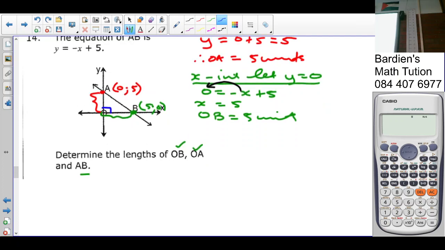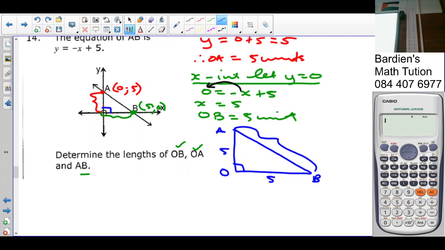Remember, this is 90 degrees, not so? So in other words, we have a triangle looking like this: O, A, B, with sides 5 and 5. How are you going to calculate AB? Pythagoras. The Pythagorean theorem says the hypotenuse squared is equal to the sum of the other two sides squared. It can only be done in a right angle triangle.